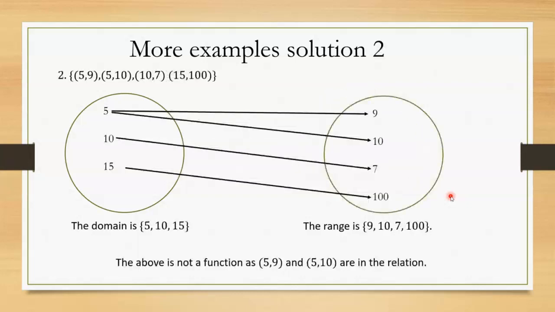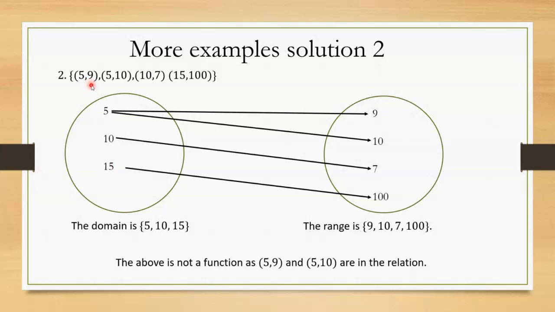For this one, the domain would be 5, as you can see, then 10 and 15. That's the domain. Again, you don't list an element more than once. So we have 5, 10, 15.